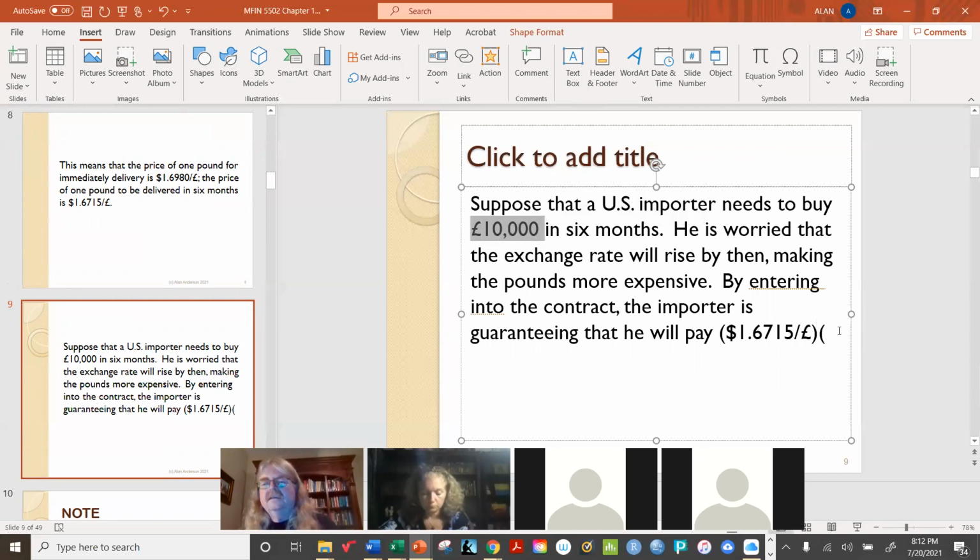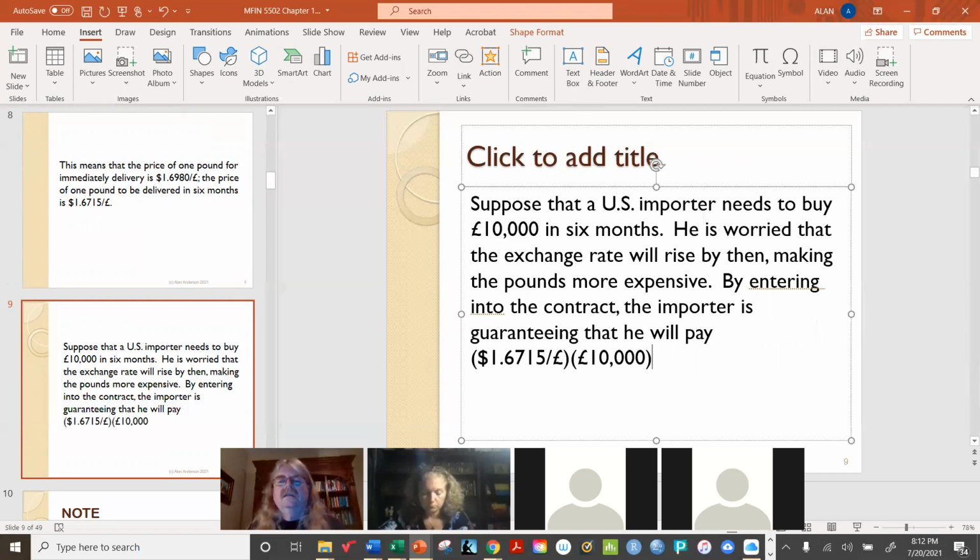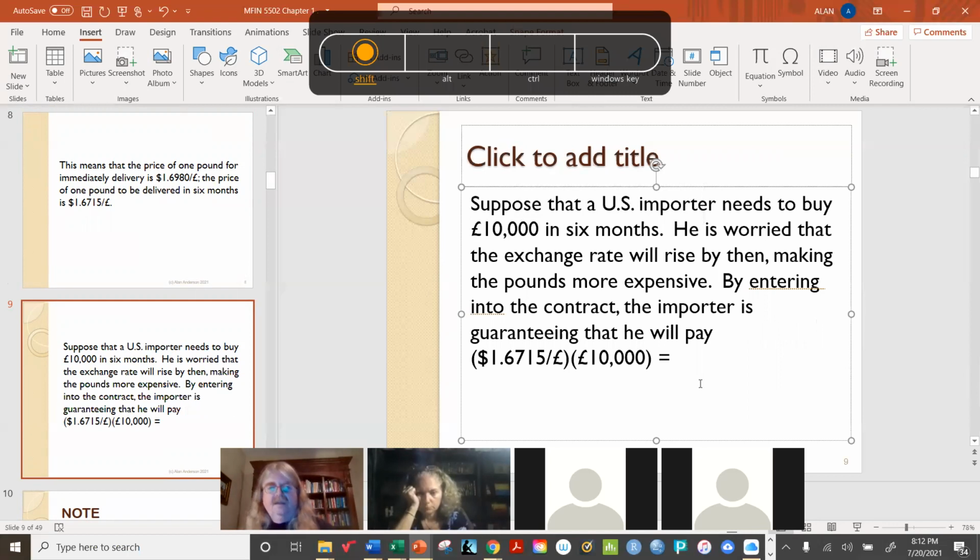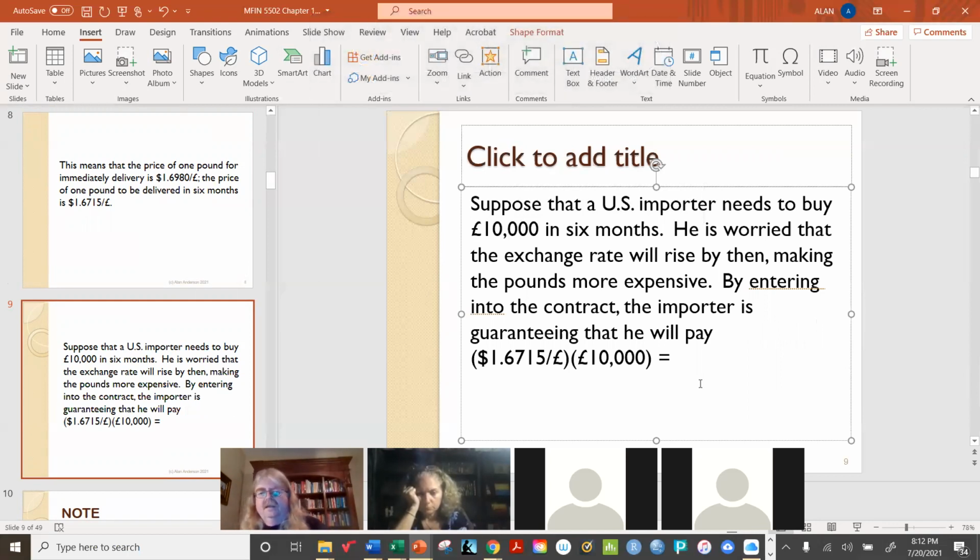And the total cost is guaranteed to be, let's multiply those out, 10,000 times 1.6715 is $16,715.